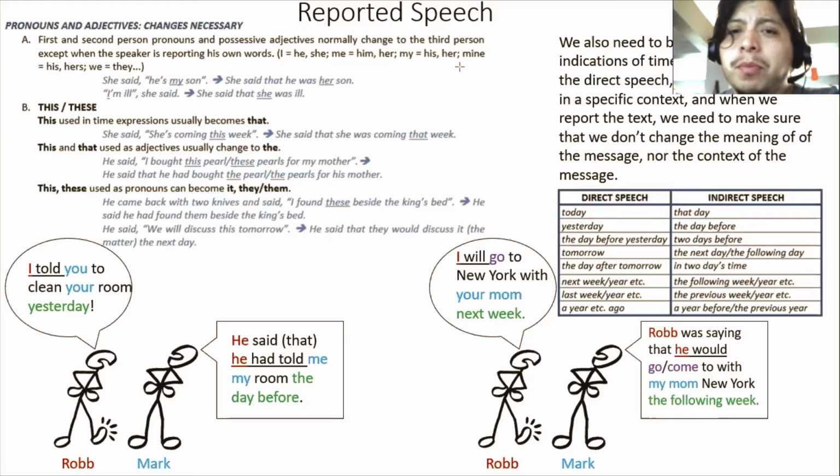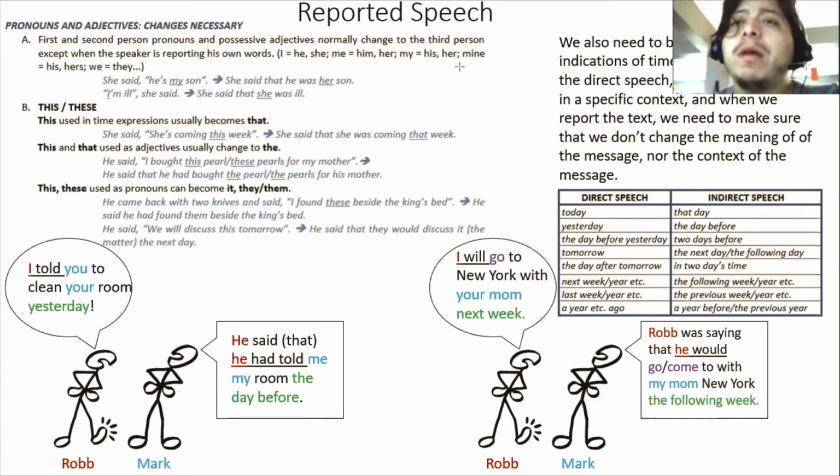And the number 3 thing that you have to do is that whenever someone reports something to you, they can report it in the simple present, in the simple past, in the simple future, in any tense, with a modal verb, with a semi-modal verb. They can report it in the active voice, in the passive voice. I mean, they can say whatever they want. And you need to report it in the same way. If they are using the active voice, you use the active voice. If they are using the passive voice, you use the passive voice.